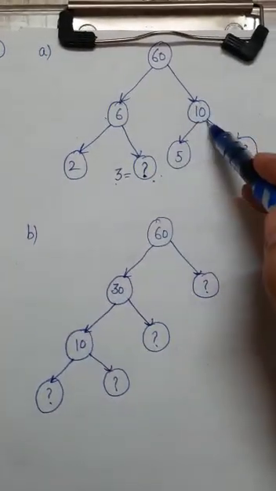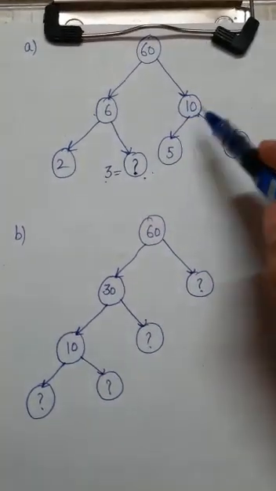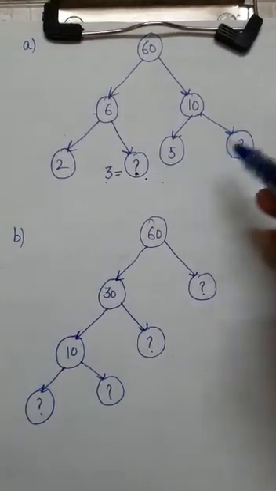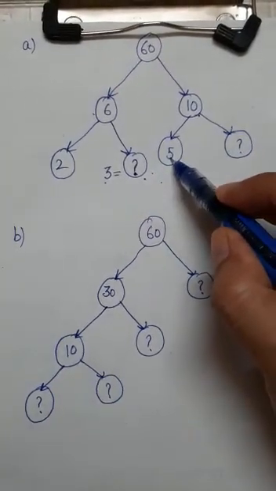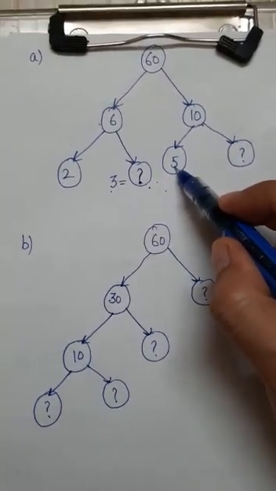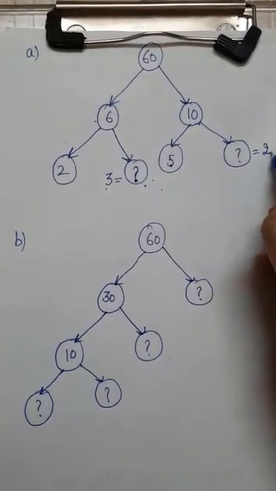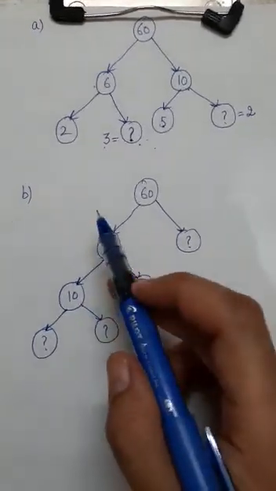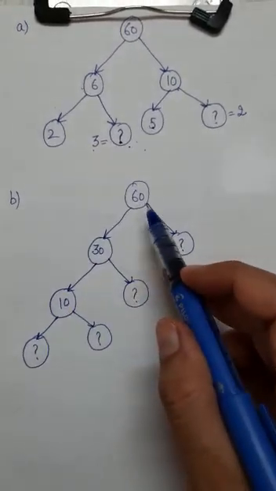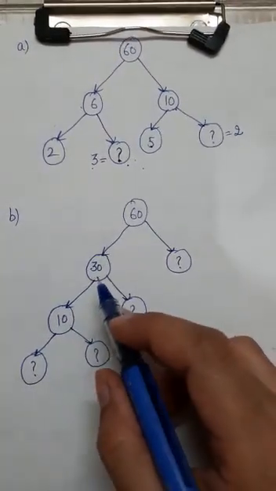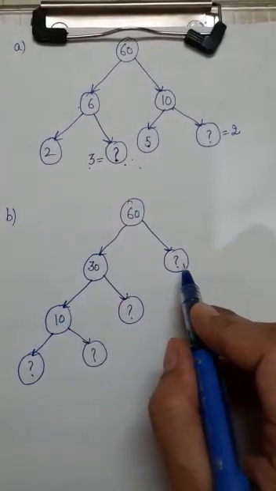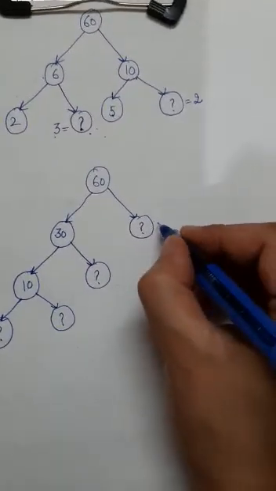Now 10. 10 is not a prime number, so we have to further factorize it as 5 times question mark. In the table of 5, where 10 comes, it comes at 2. So here the question mark will be replaced by 2. Now in the B part, again 60 is further factorized as 30 times question mark. 30 twos are 60.